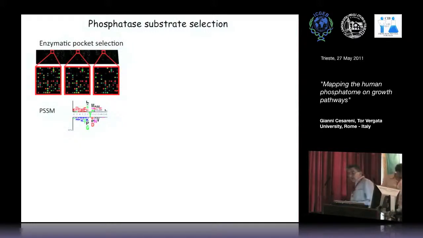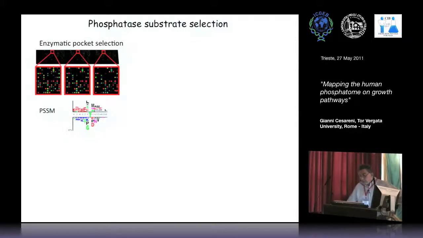Now we have some information about the substrate that each phosphatase likes, but this information has a very low information content. We tend to overpredict because the specificity of tyrosine phosphatases is not very high. You can see it from this logo. There is no specific selection.